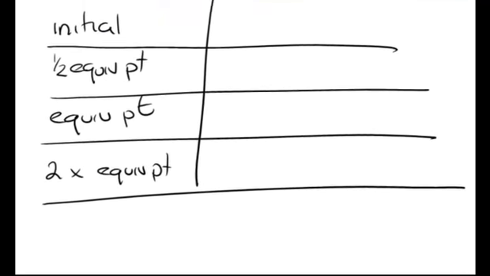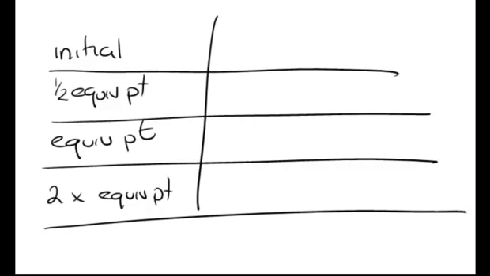Now with most titration curves we're normally interested in the start, which is the initial, and in that case what would we have present?